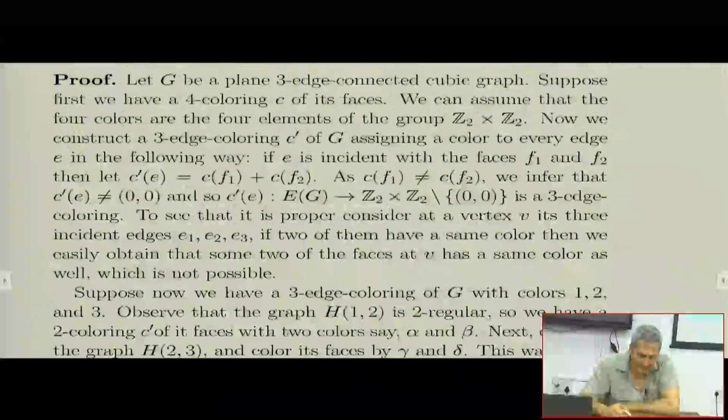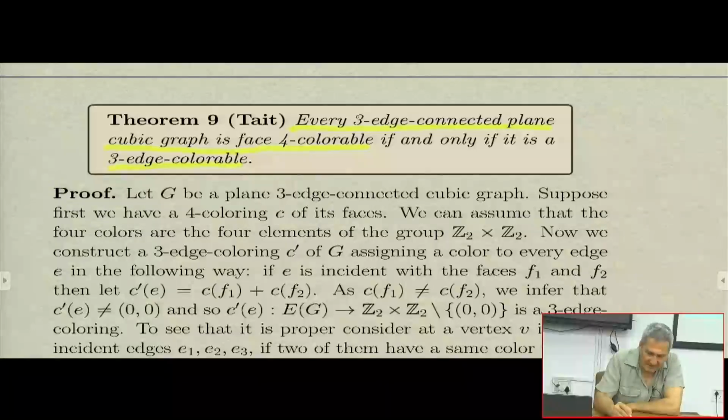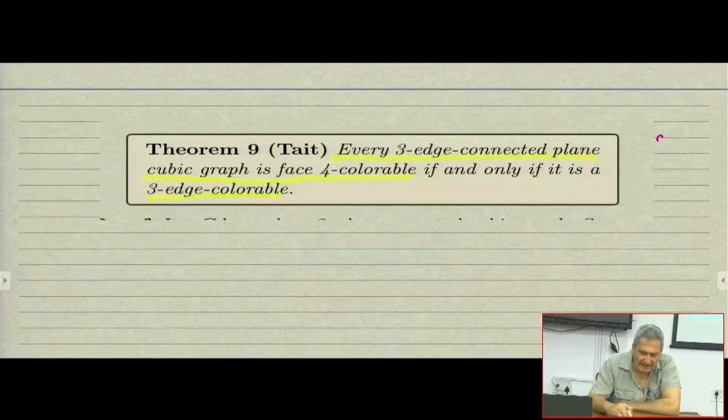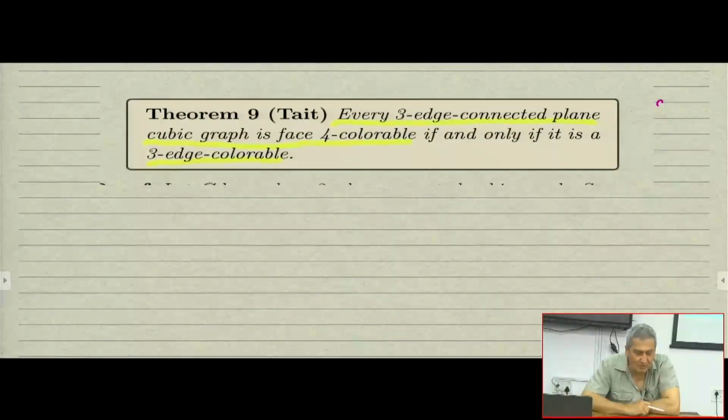Let's copy paste this. Every 3-edge connected planar graph, cubic graph, is face four colorable if and only if it is 3-edge colorable.